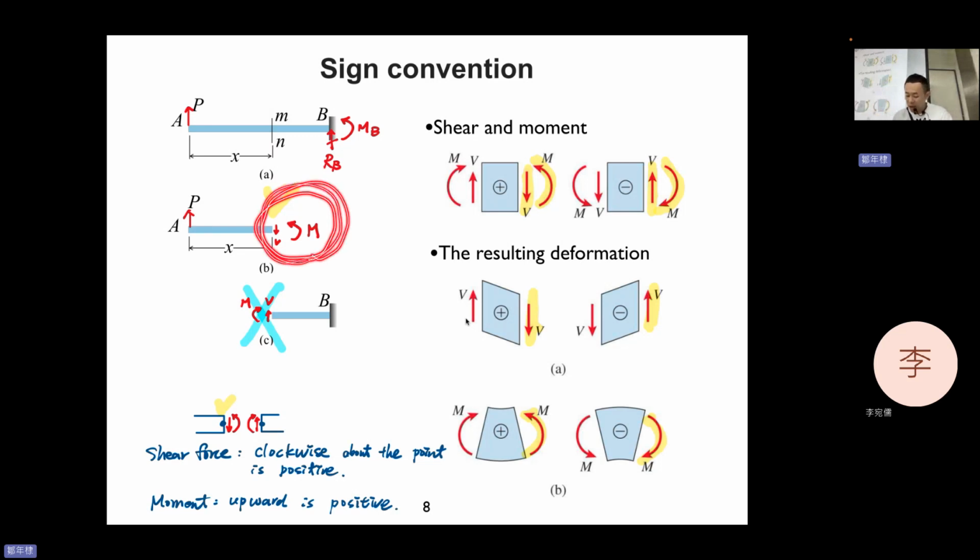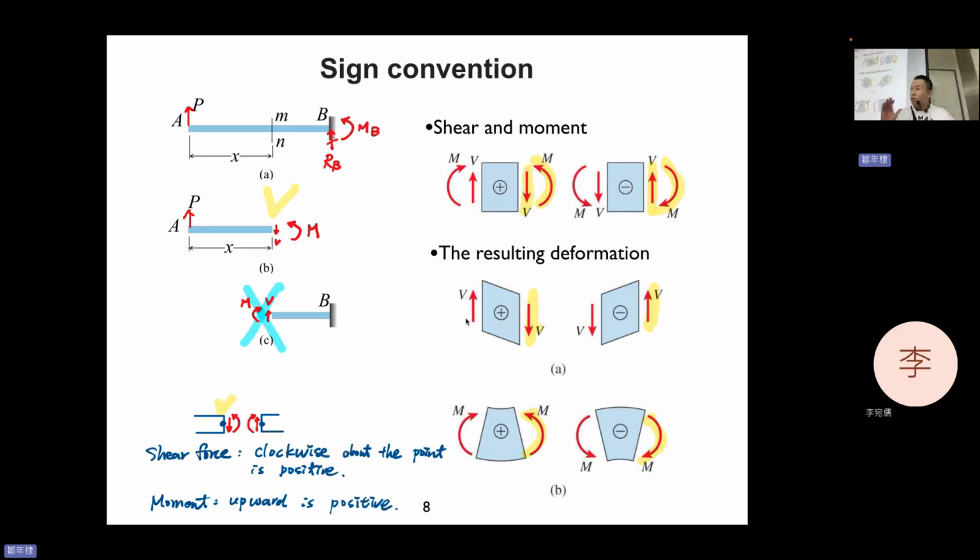When you first draw the figures, you draw V downward and M upward. The value for this V is positive. This is a little bit different when you do the force balancing, where the downward direction has a minus sign.